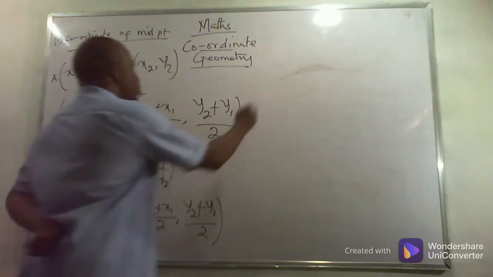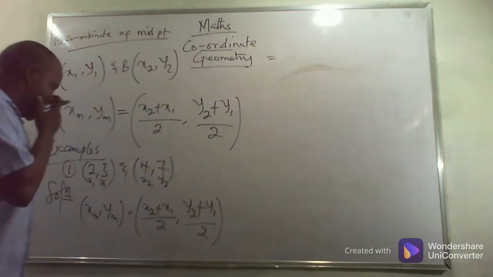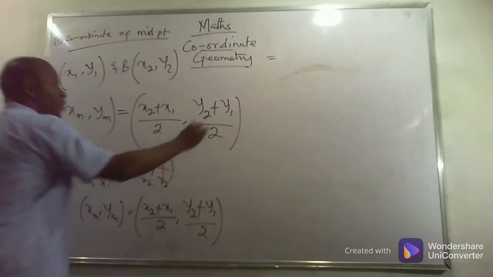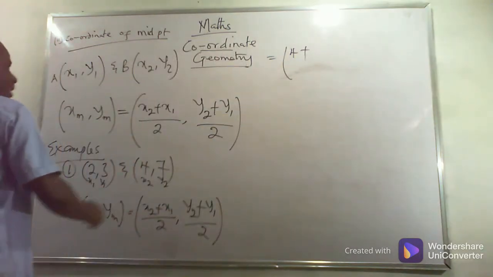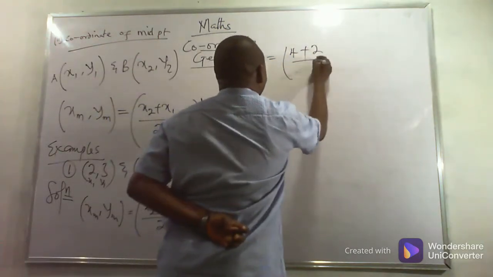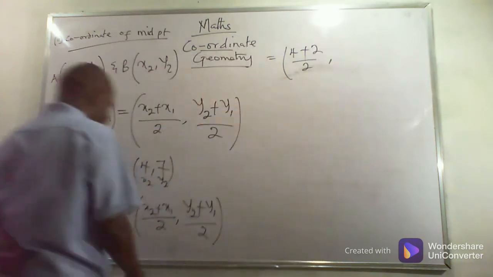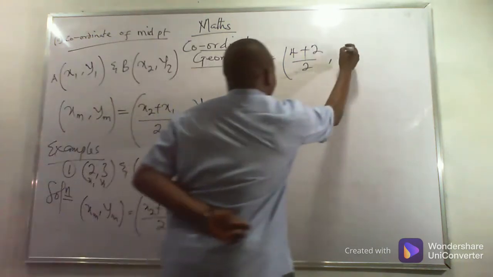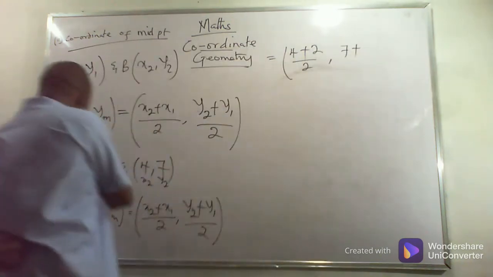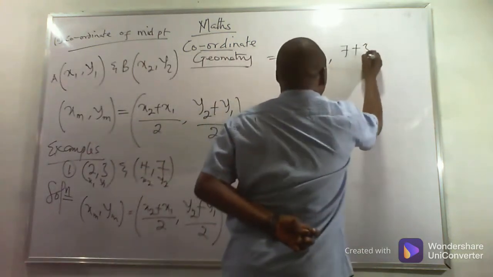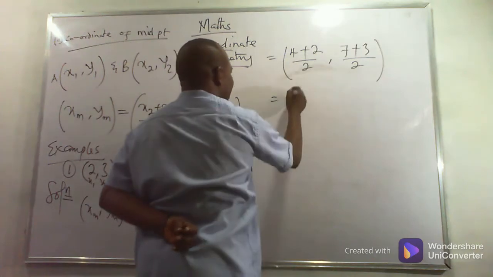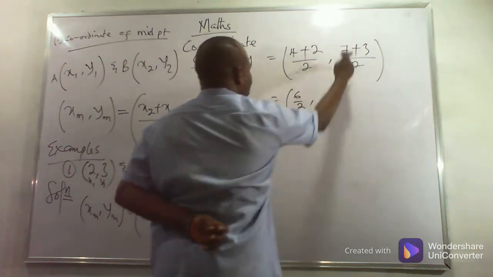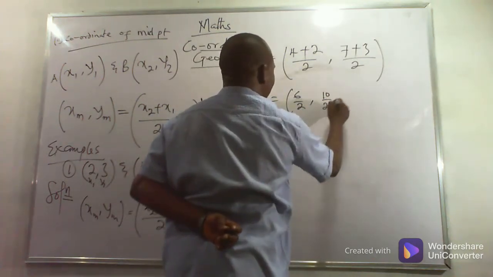So it means we have the coordinate of the midpoint: x2, that's 4, plus x1, that's 2, divided by 2, comma, y2, 7, plus y1, 3, divided by 2. So we have this plus this, 6 divided by 2, this plus this, 10 divided by 2.